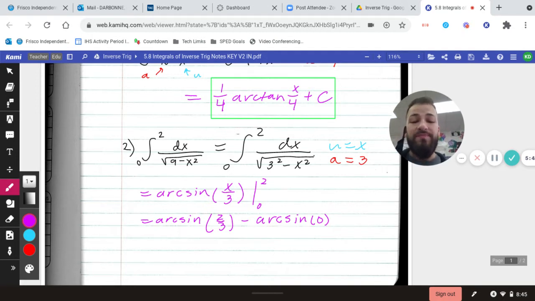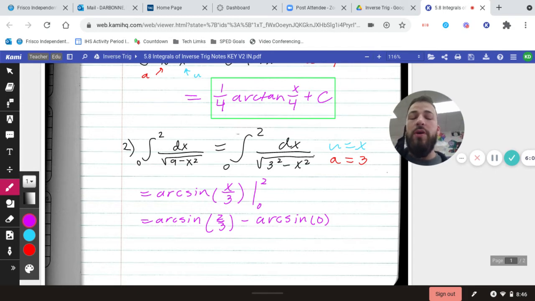The second one, arcsine of 0, so we have to think of where on the unit circle is sine equal to 0, where there's two spots, 0 and pi. And then remember, back in pre-AP/Pre-Cal, which you might have forgotten, with inverse trig, they all had restricted domains because of how we actually find the inverse of a function. And arcsine's restricted range is from negative pi over 2 to positive pi over 2.